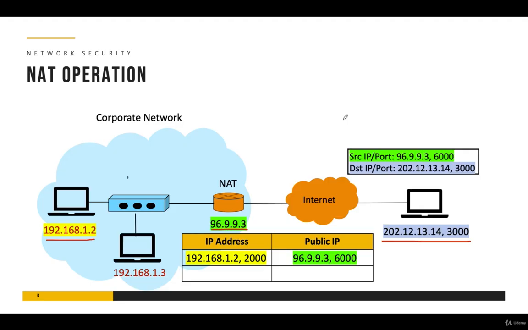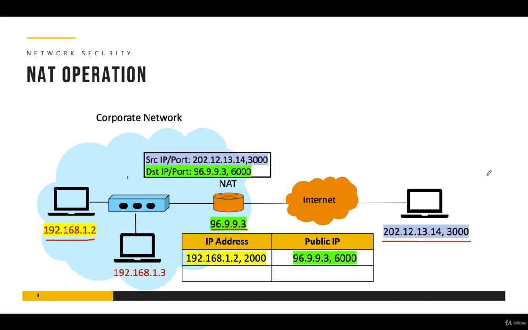So naturally, when this destination is going to respond, it's going to put its own IP address and port as the source, and it is going to put the IP address of the NAT router, which it saw previously in the header, and the port number, and then send this to the NAT router. So when the packet arrives at the NAT router, it is simply going to check, what was the private IP address which I replaced with my public IP address and port 6000.